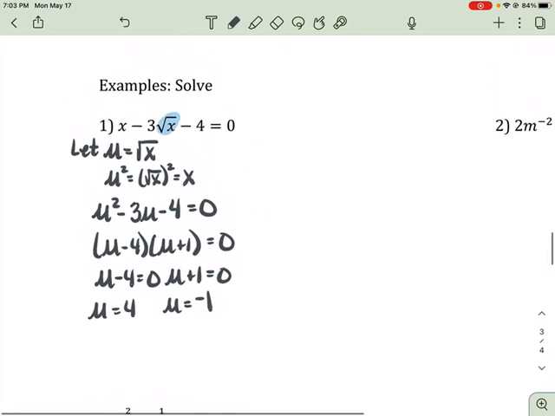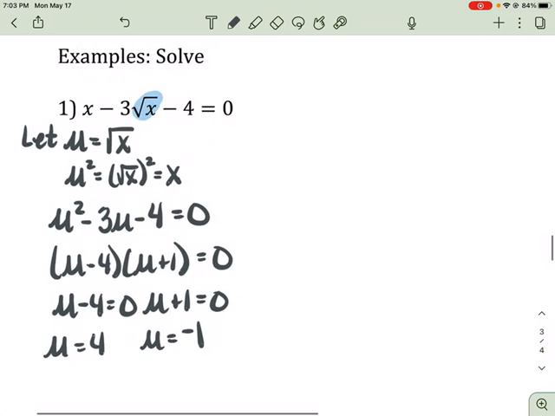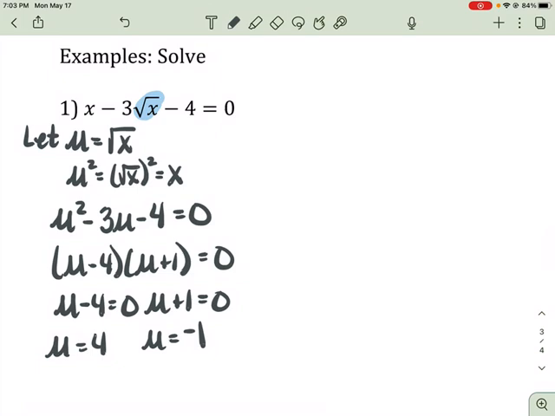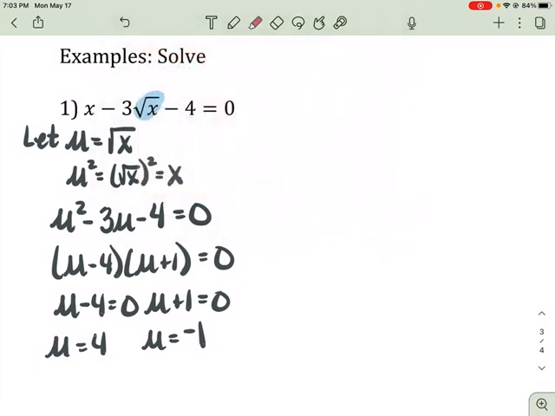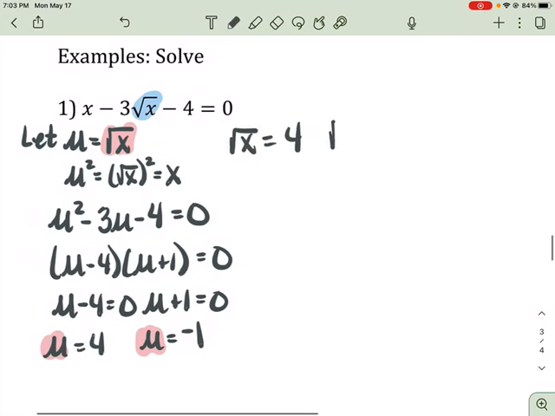All right, so now, again, we're going to come back up and do our substituting, or replace. We're going to take the square root of x and put it here for u, and here for u. So the square root of x is equal to 4, and the square root of x is equal to -1.